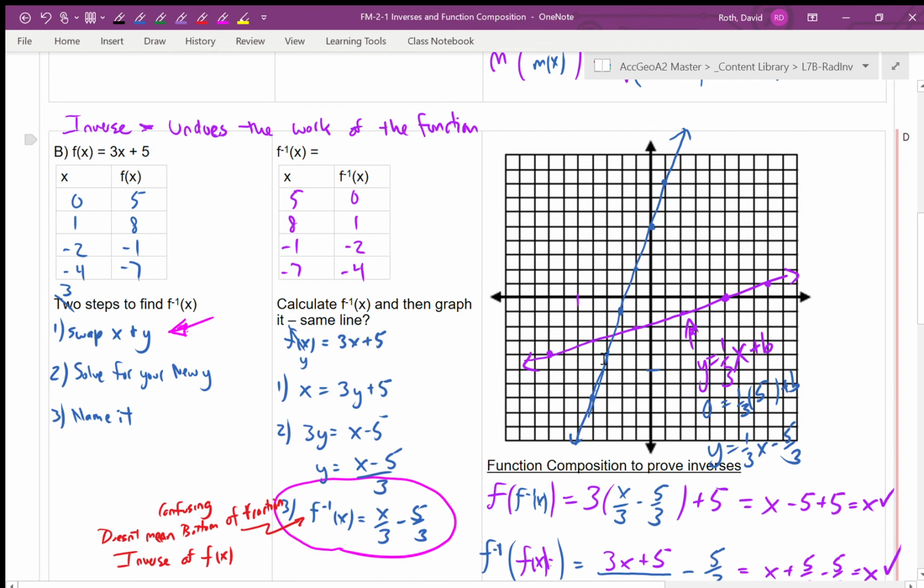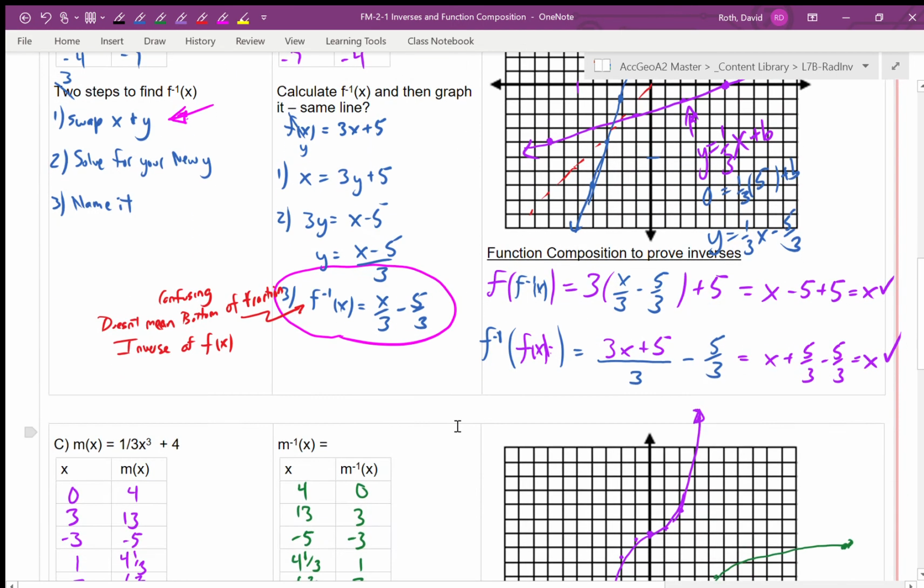Then I graph and I say, well, is that a reflection across the line y equals x? I'll graph that here. Indeed it is. It looks like if I fold the paper across this dotted line, the blue line would go over the top of the pink line, and indeed they are functions. So it all seems to work out nice.